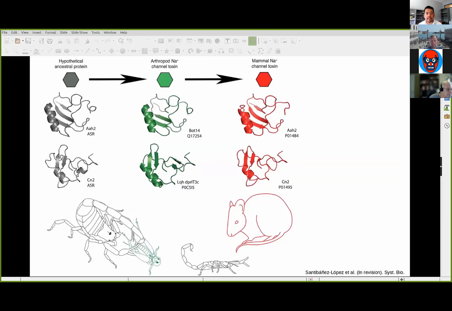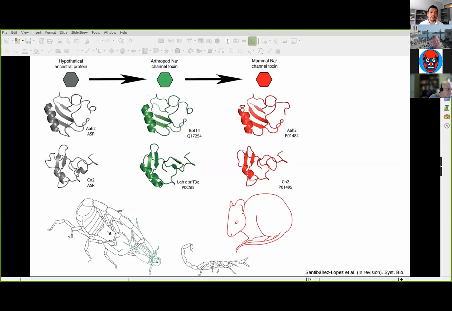And then lastly, I just want to tell you that this also fits into the model that we have functional evidence for an intermediate state, in which a couple of toxins discovered in the venom of Leiurus have a dual affinity that can affect mammals at the same time that it can affect insects.